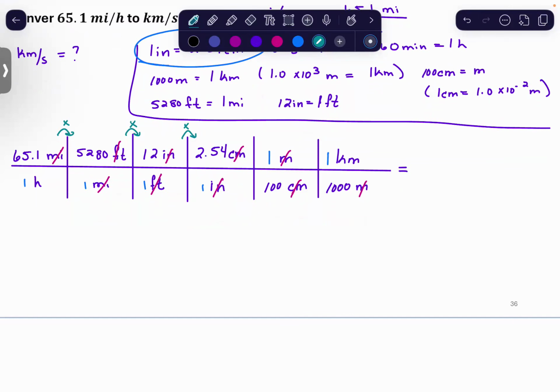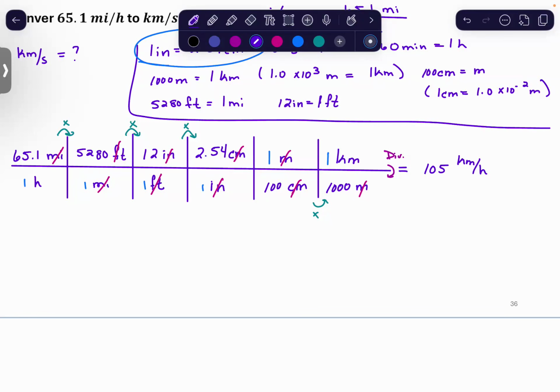Then I'm going to have 100 times 1,000. And once I multiply up the top and I multiply up the bottom, then I'm going to divide the top by the bottom. And when I do that, this will be 105 kilometers per hour.